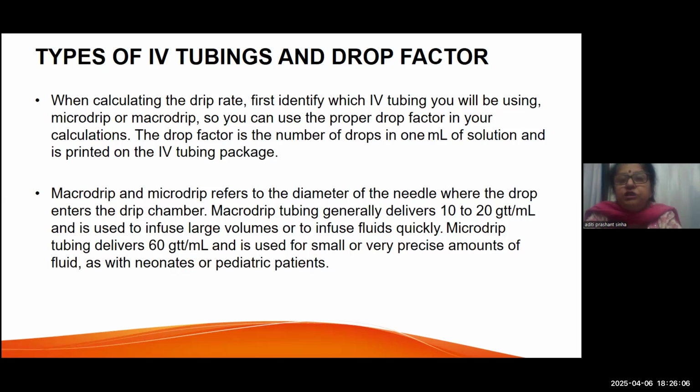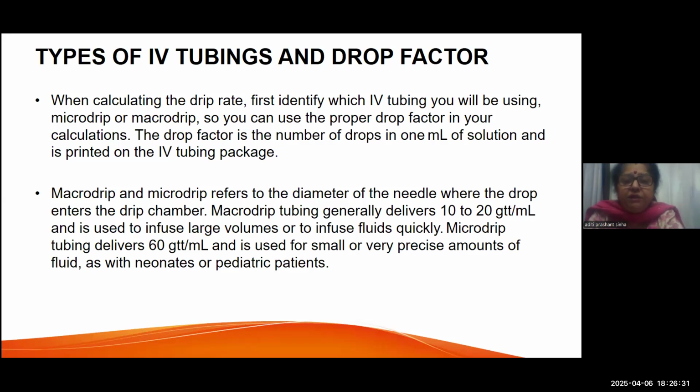You use the proper drop factor in your calculation, which is the number of drops in 1 ml of solution, printed on the IV tubing package. You have to find out whether it is a micro drip or a macro drip. Your IV set mentions whether it is a micro drip or a macro drip. Now, what is this micro and macro drip?